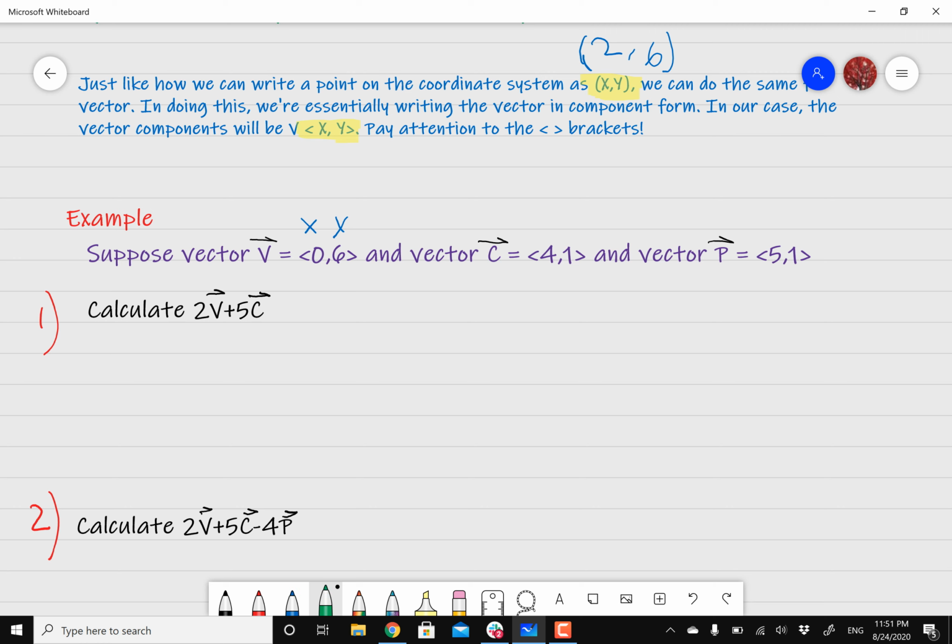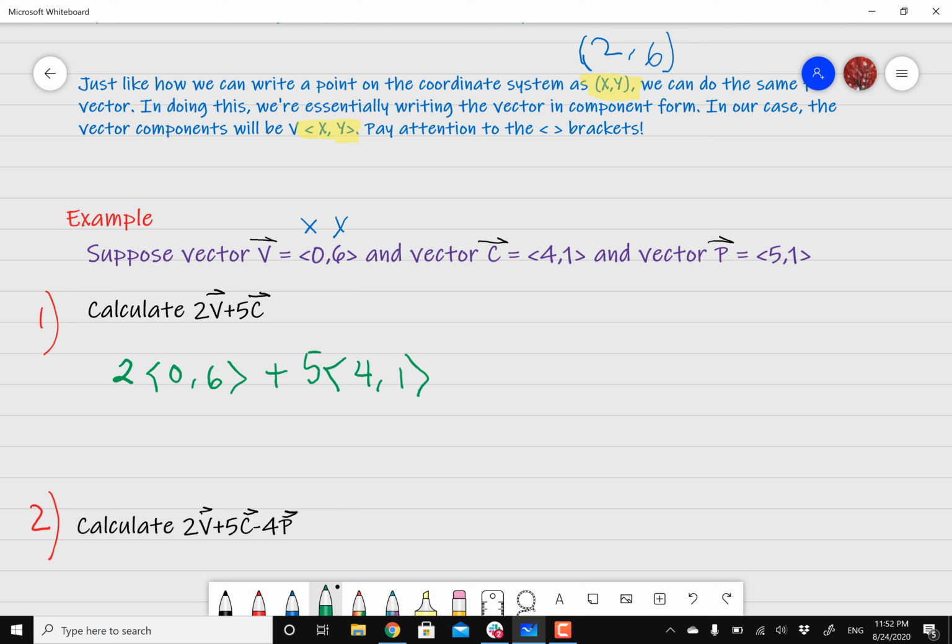So we're doing 2 times vector v, so that's 2 times, and the components of vector v are 0 and 6, and then we're adding this to 5 times vector c, so that's 5 times the components of vector c, which are 4 and 1, okay?